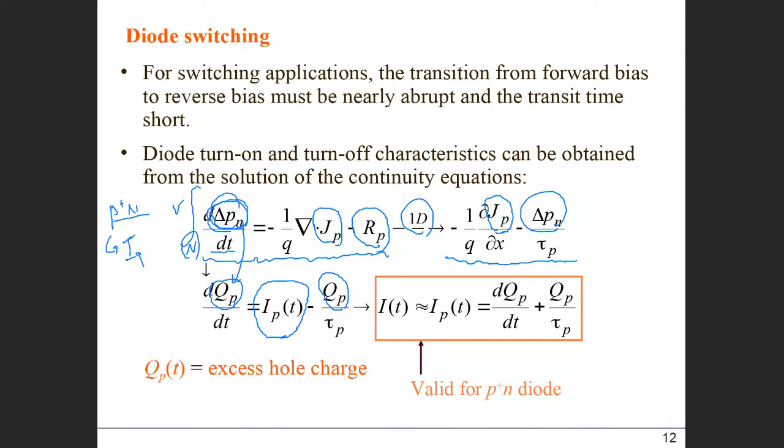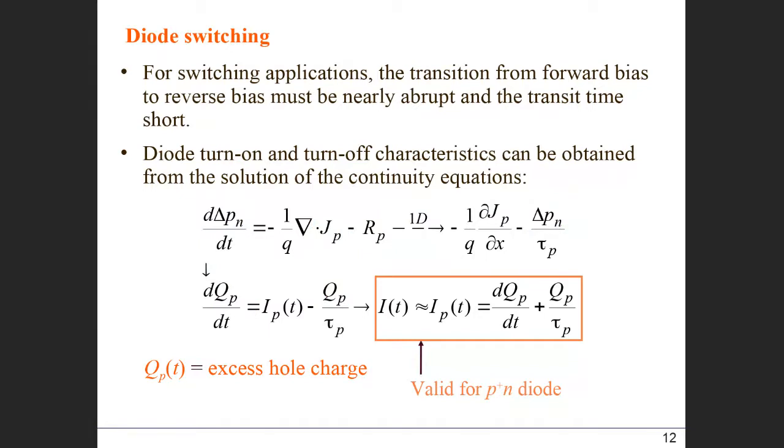So now, to look at the switching characteristic of the diode, we look at this equation. This is the simplified equation describing how the injected current is related to the accumulated holes in the N side.